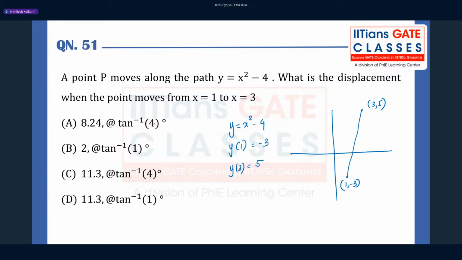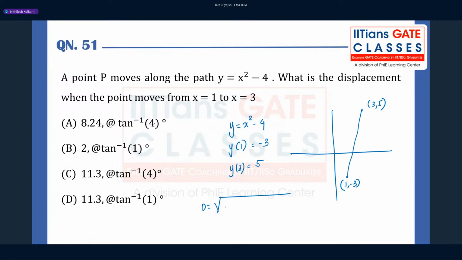So this is how the displacement looks like. And if we calculate the displacement, you can clearly say that this displacement means the straight line distance between these 2 points: square root of y2 minus y1 whole square plus x2 minus x1 whole square.